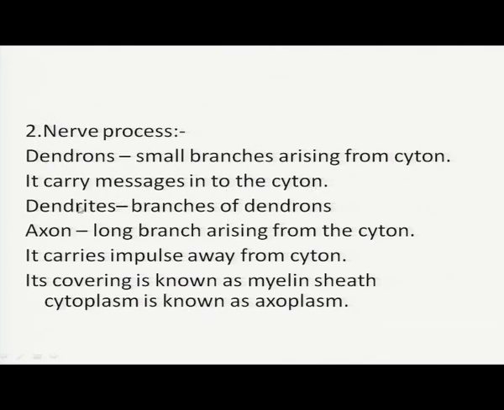Branches of a dendron are dendrites. Axon is the long branch arising from the cytone. It carries impulses away from the cytone. The covering of the axon is known as myelin sheath. Now, the cytoplasm seen inside the axon is known as axoplasm.